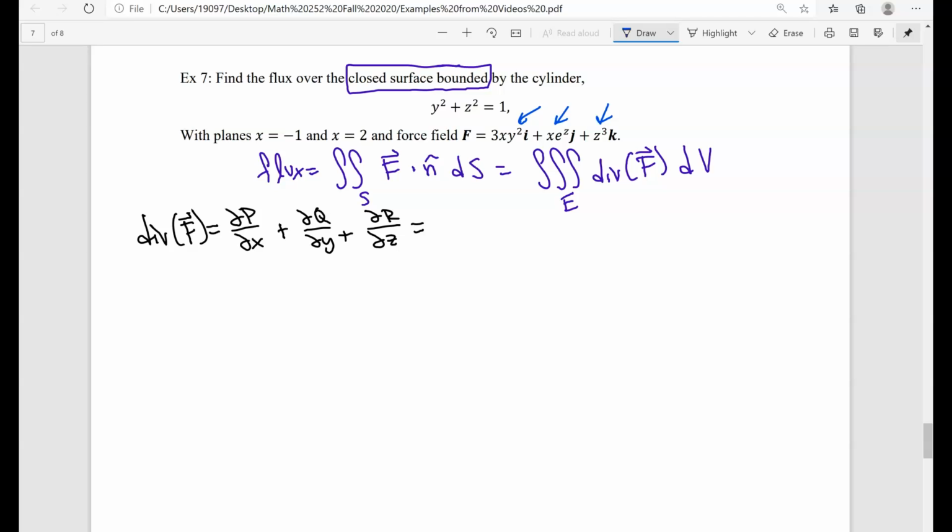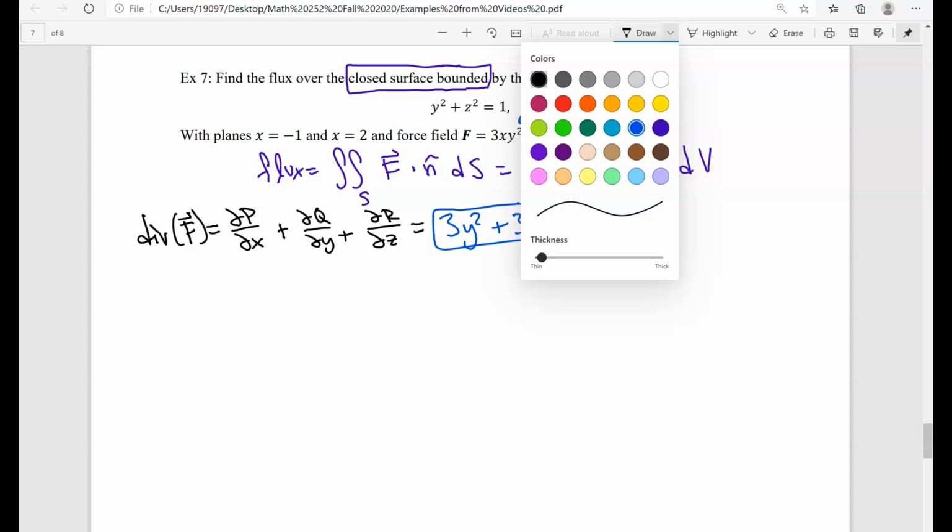Partial P over partial x is just going to give me 3y squared. For Q, partial Q over partial y, there's no y there, so that goes to 0. And partial R over partial z is going to give me 3z squared. So this is going to be my divergence, and it's what I'm going to plug into my triple integral.